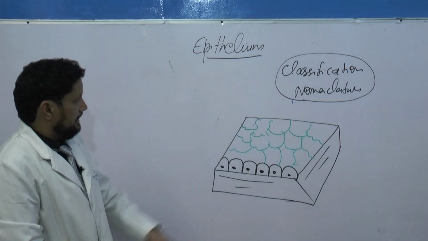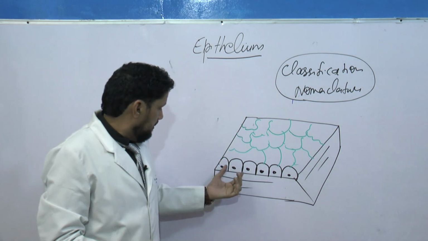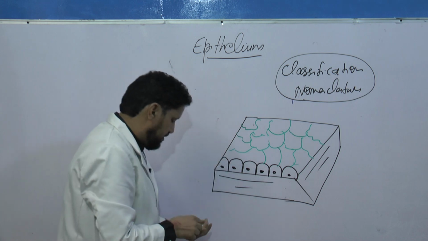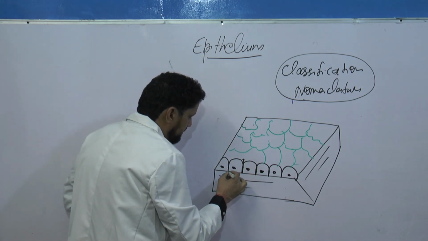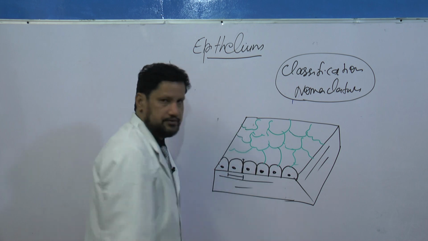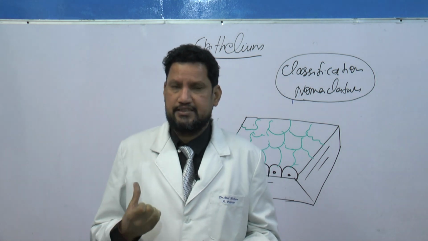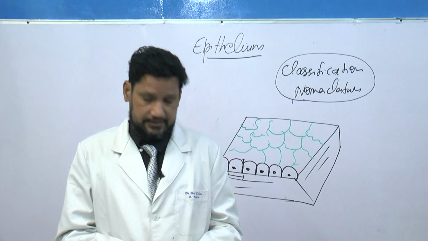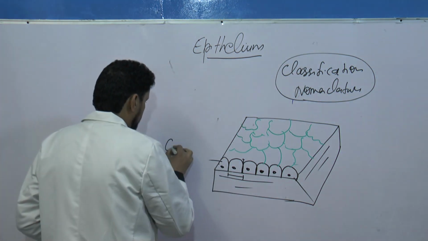So these cells which are having the height and breadth almost equal, this length and this are almost equal. These cube-like cells or cubical cells are known as cuboid cells.